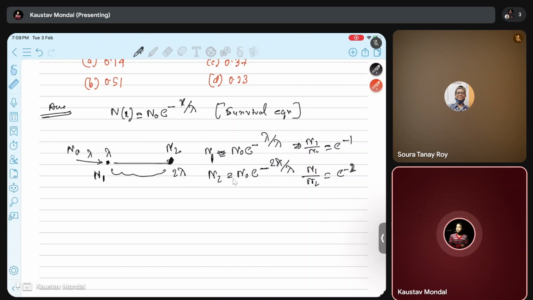So the number of molecules that have this much amount of mean free path should be n1 minus n2, right? And the fraction would be n1 by n0 minus n2 by n0. That would be e to the power minus 1 minus e to the power minus 2.